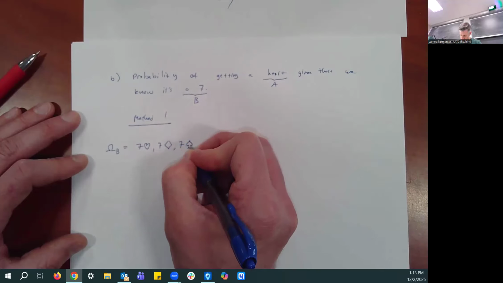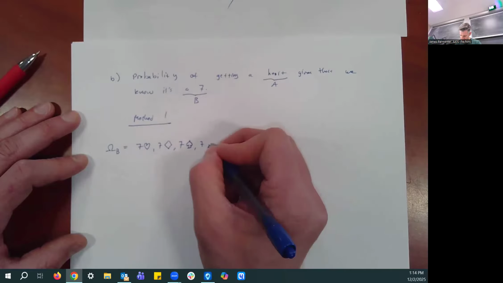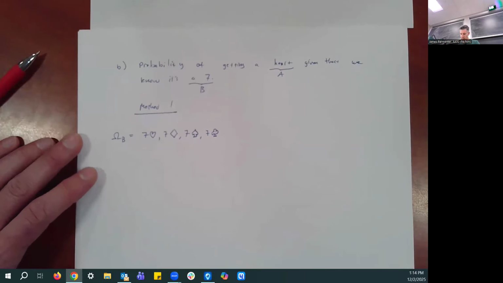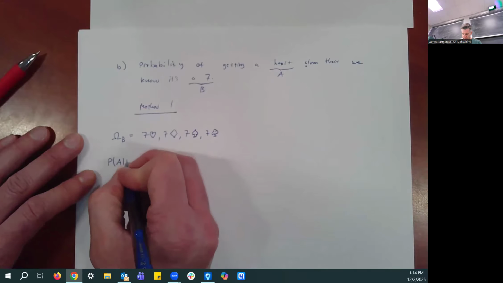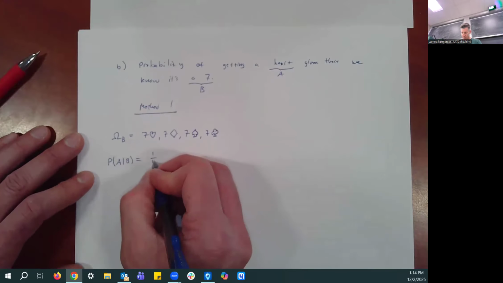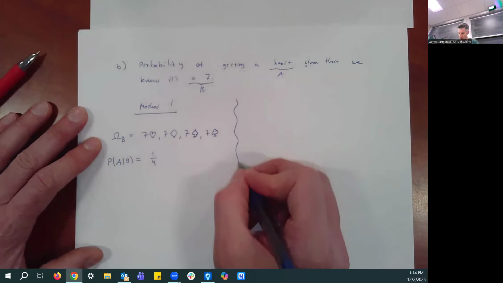The heart and the diamond are easy enough to draw. So right, that's your reduced sample space. Then the probability of getting a heart, given that it's a 7, well, there's one heart out of those 4 cards.